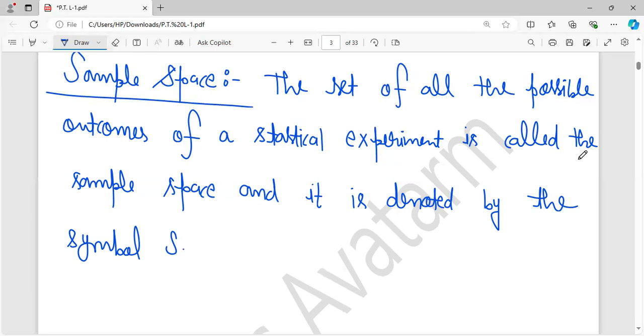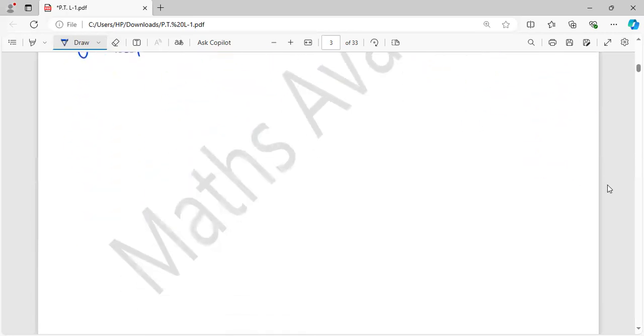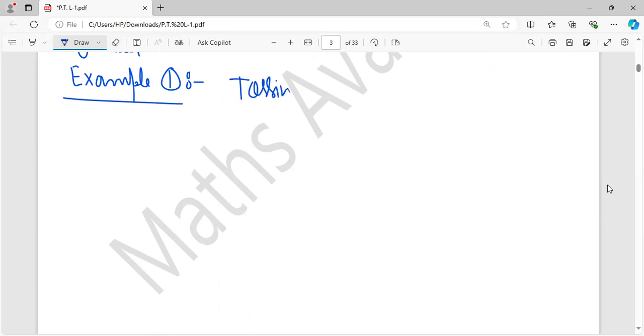For example 1, tossing a coin. What is the sample space?